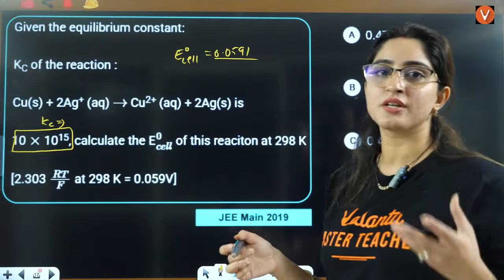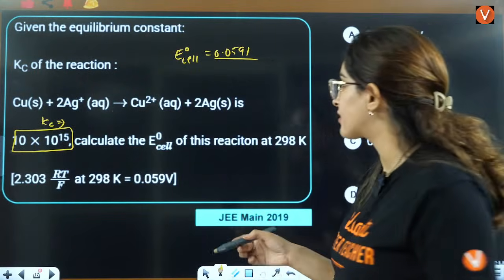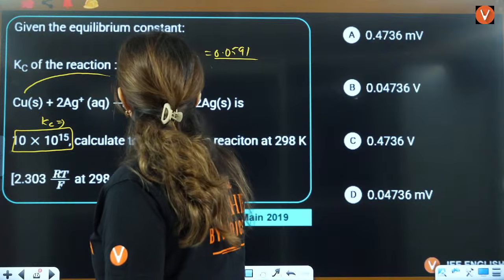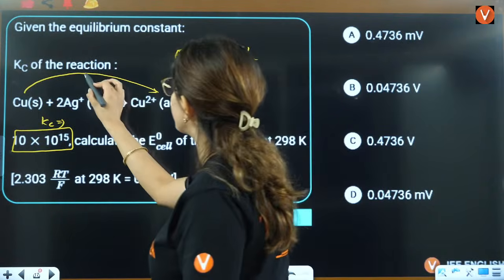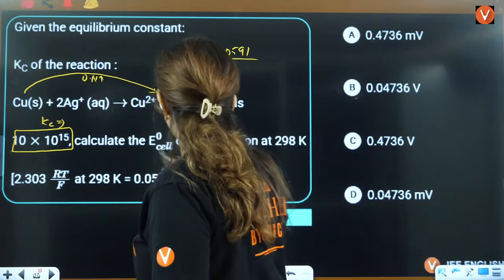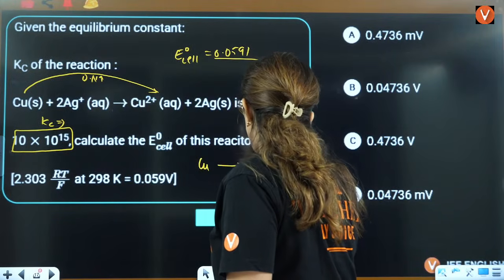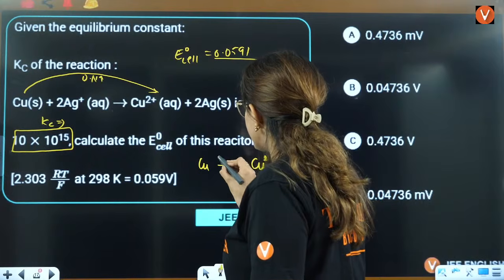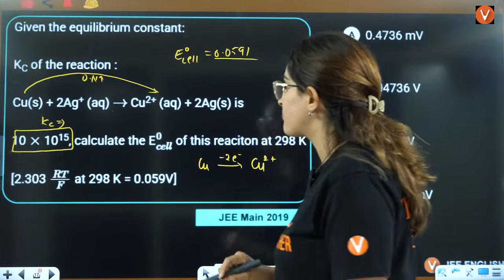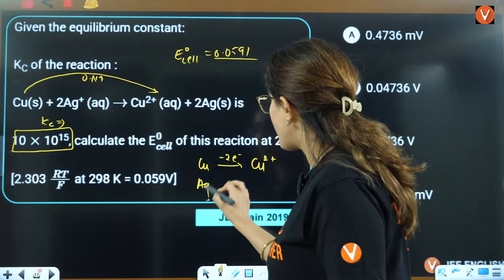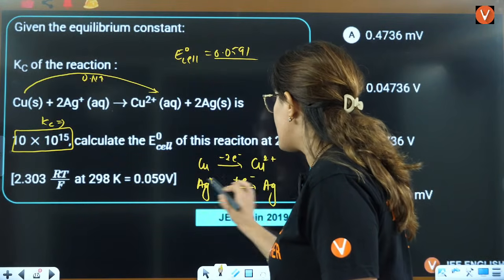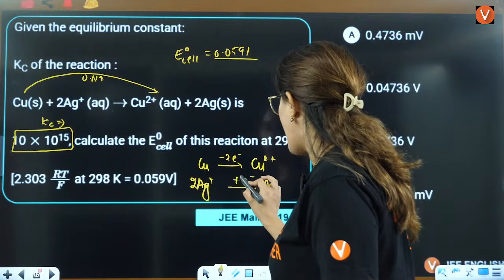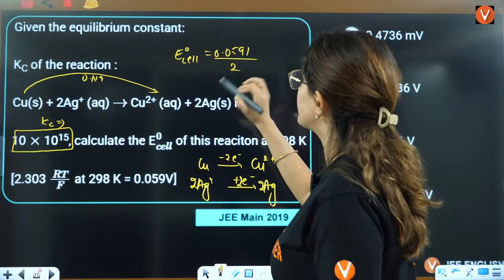Whenever a reaction is given and you have to calculate the n factor, see Cu is getting converted to Cu2 positive, 0 to plus 2, so the oxidation number is increasing. Cu losing 2 electrons, and Ag positive to Ag gaining 1 electron, so the number of electrons will be 2.